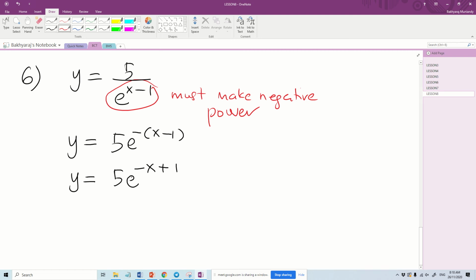Okay, so by doing that, we know what is our a. So this is our a, this is our u. Okay, then get the formula. Formula is dy dx equal a dot e^u dot du dx.